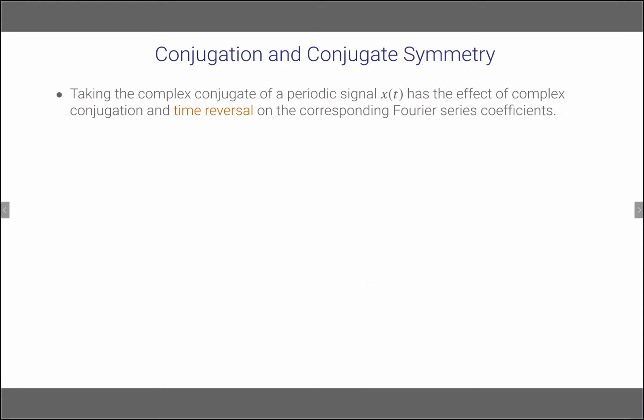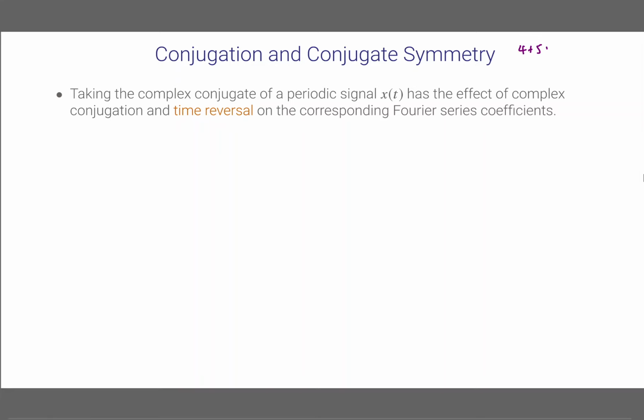All right. Now let's look at conjugation and conjugate symmetry. If you have a complex number 4 + 5j, its complex conjugate is 4 - 5j. Taking the complex conjugate of a periodic signal x(t) has the effect of complex conjugation and time reversal on the corresponding Fourier series coefficients.